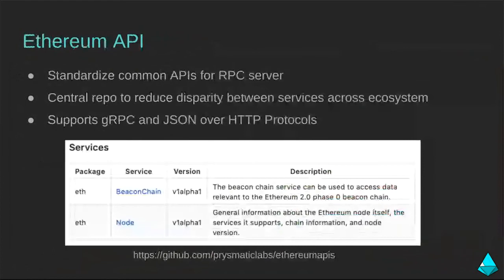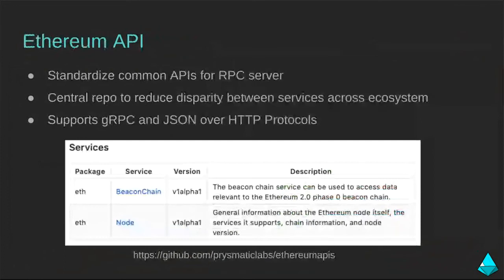As Terence mentioned, we put a lot of time into what we call the Ethereum API, and it's intended to be a standard and common API for RPC server for Ethereum 2.0. It supports a protocol called gRPC as well as JSON over HTTP.